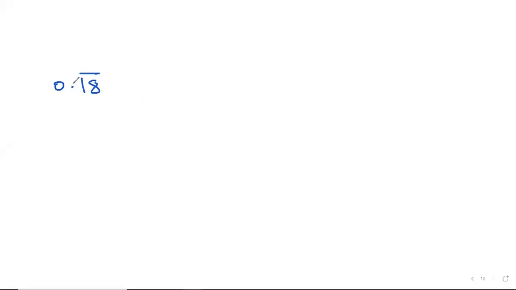Here in this question, we have 0.18 recurring. I want to write it as a fraction. So 0.18 recurring decimal, it's 0.18181818, okay, till infinity.